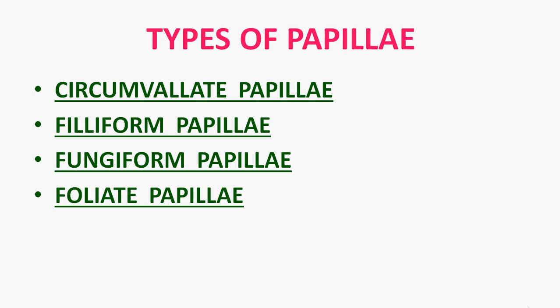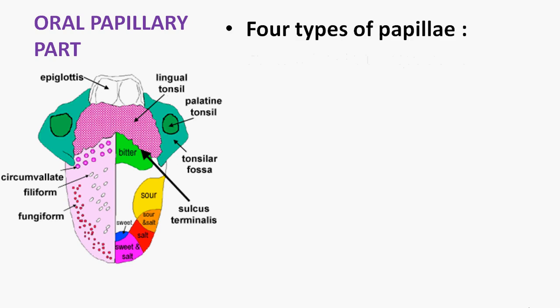Now our tongue has 4 types of papillae basically, that is circumvallate papillae, filiform papillae, fungiform papillae and foliate papillae. We will see them one by one. So first comes your circumvallate papillae.